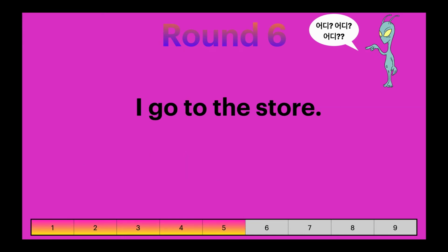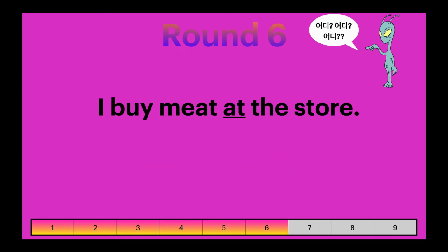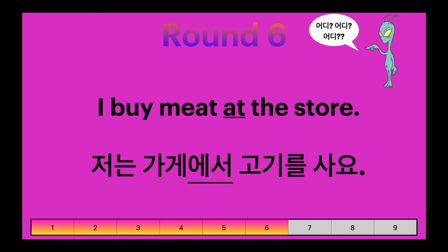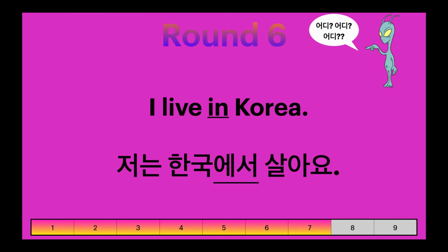I go to the store. 저는 가게에 가요. I buy meat at the store. 저는 가게에서 고기를 사요. I live in Korea. 저는 한국에서 살아요.